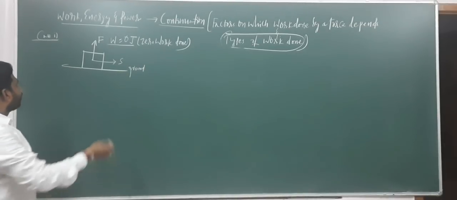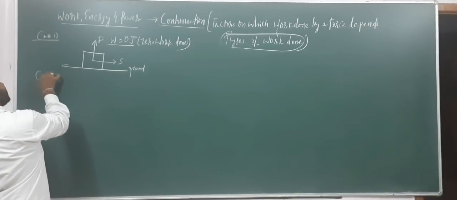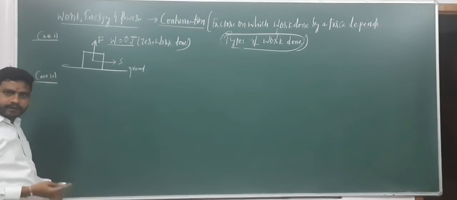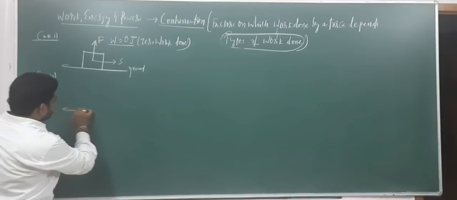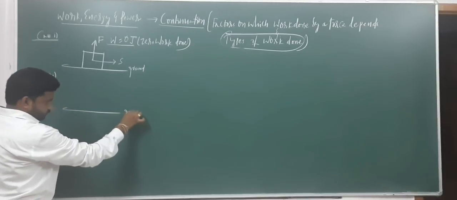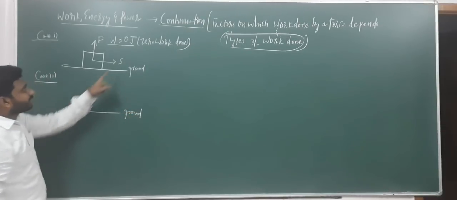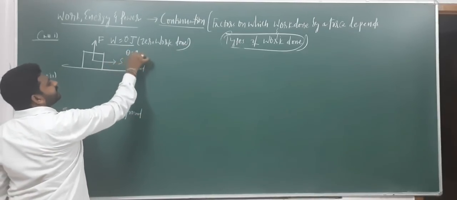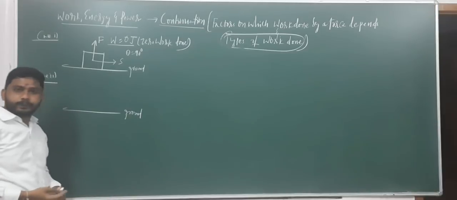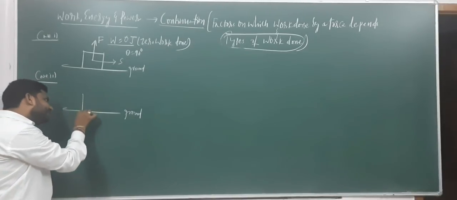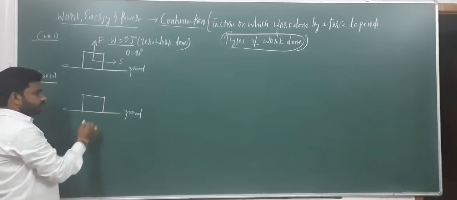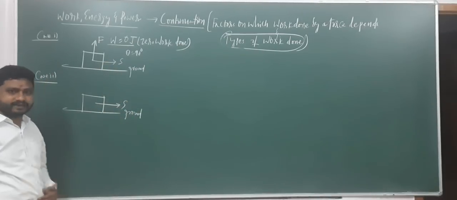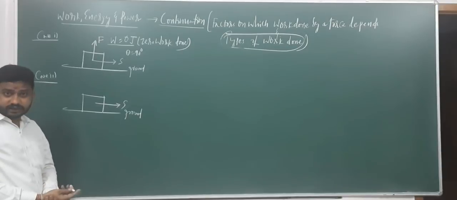Now, another case let's take. It's case 2 here. This is the ground. Why is it 0 in case 1? Because theta is 90 degrees there. Cos 90 will be 0. In this case, this is the body. Displacement I am just taking in the same direction in every case, but the force direction I am changing.